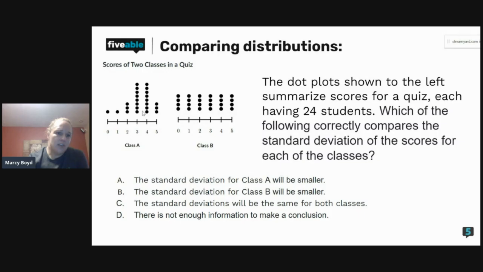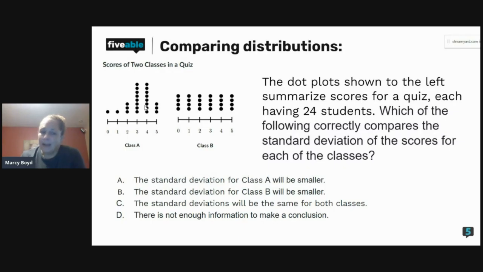Where from here, if it's a little over 3.4, something like that, so much is right in the middle. That's a lot of data values that are really close to the average. And so because of that, I have a smaller standard deviation. So my answer for that is A.